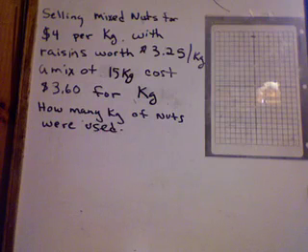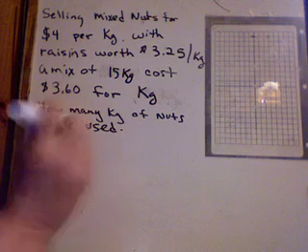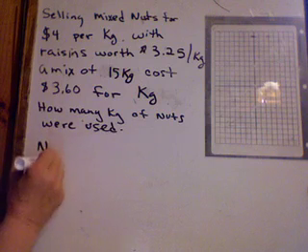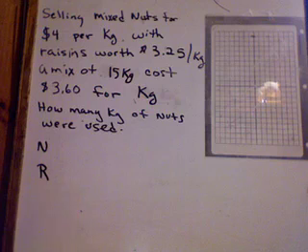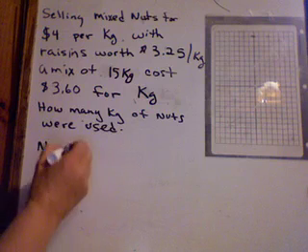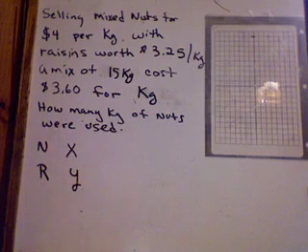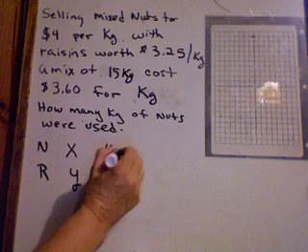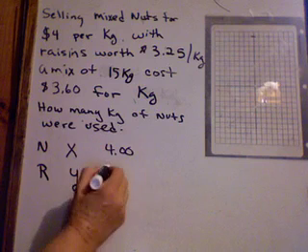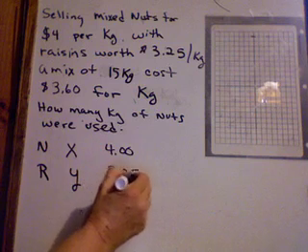So basically, again, we're going to use two variables, and what are we talking about? We're talking about nuts and raisins, right? And we don't know how many kilograms of nuts, or how many of raisins we have, so let's call that our x and our y. We know the nuts cost $4. We know the raisins cost $3.25.